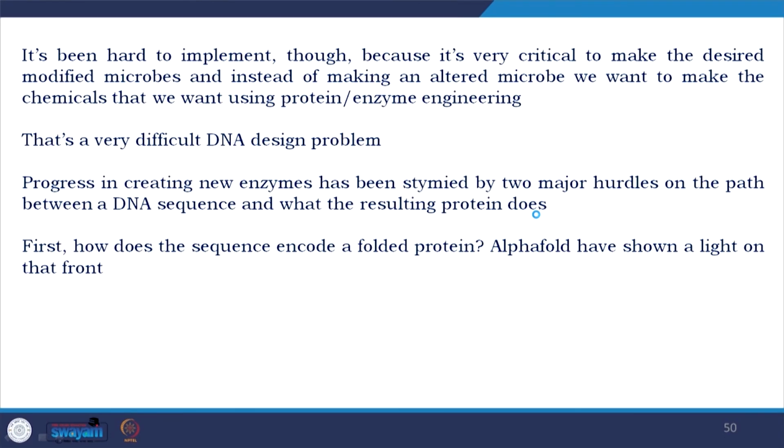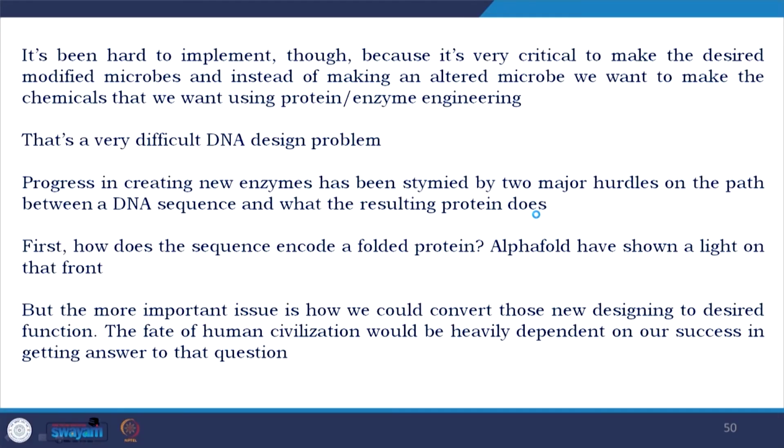Fortunately, standing here in 2021, AlphaFold has shed light on that front, and that brings us to the more important second question. The more important issue is how we could convert those new designs to desired function. The fate of human civilization would be heavily dependent on our success in getting an answer to that question.